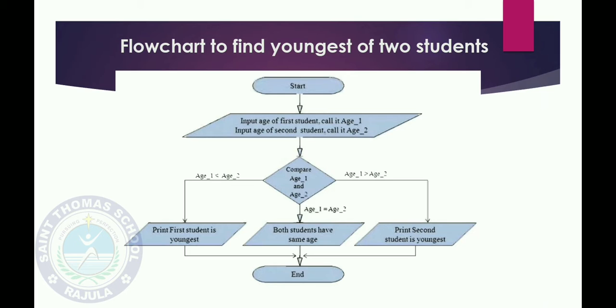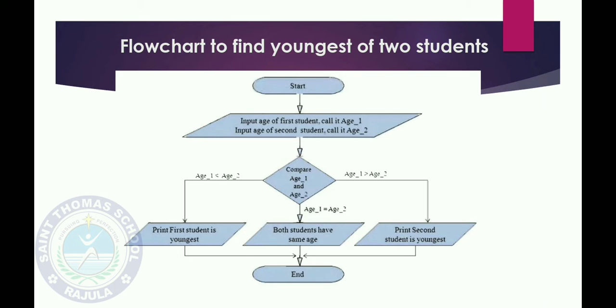If age 1 is equal to age 2, then both students have the same age, so both can be considered the youngest. Just see the flow of execution. Age 1 is equal to age 2, then both students have the same age, and then it will go to the end.